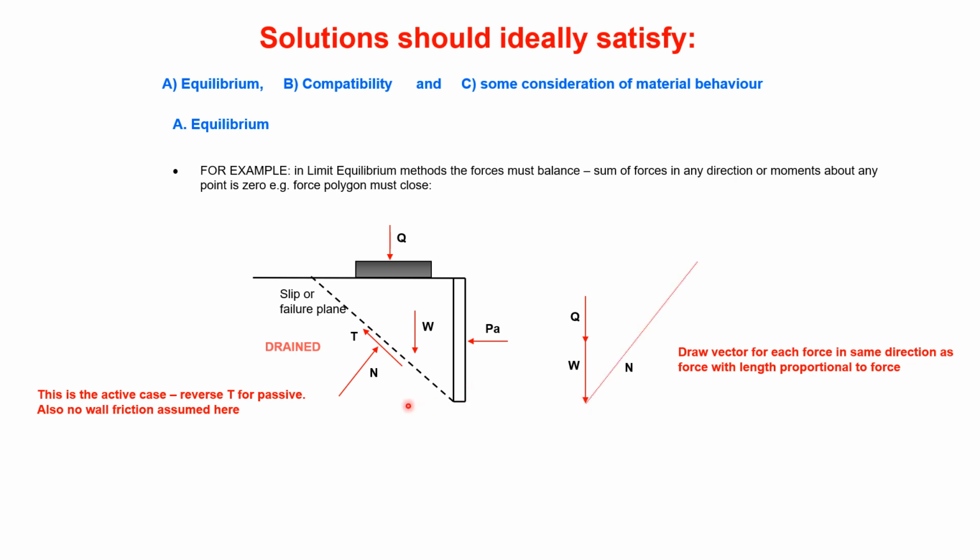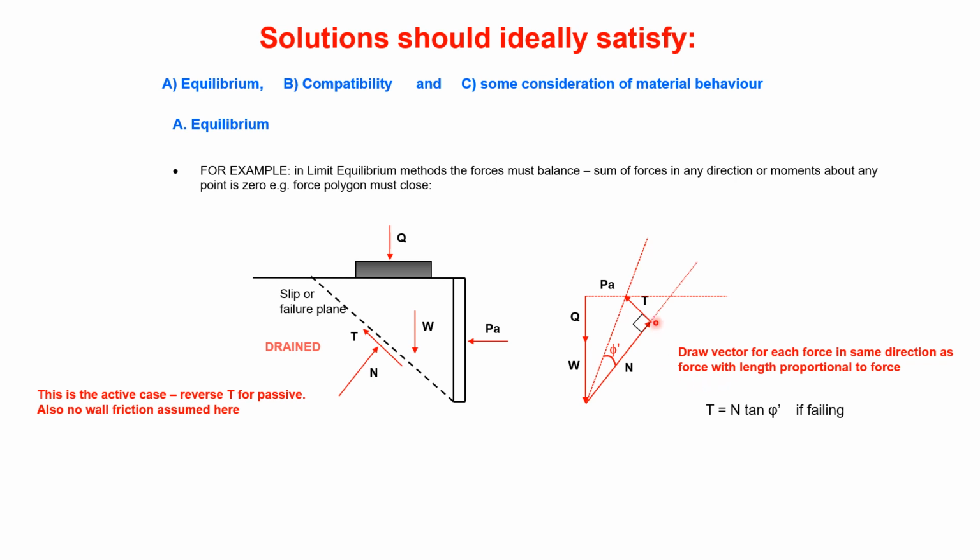Now we're in trouble. We actually don't know the normal force or the shear force. What we do know is the direction of the normal force, so we can draw a dotted line up here. We also know the direction of the active force, PA. It's horizontal, and that's horizontal because there is no friction on the back of the wall. And then you know that if the soil is failing, the shear force must be the normal force multiplied by tan phi dash, the friction angle of the soil.